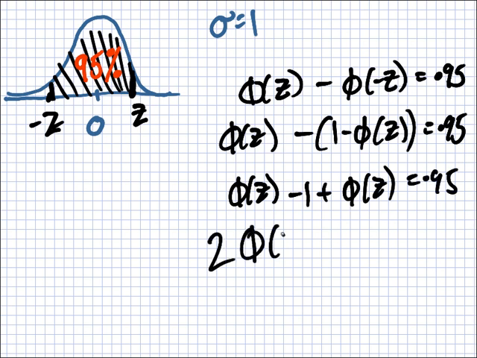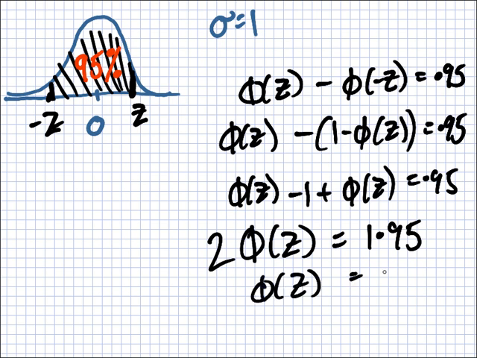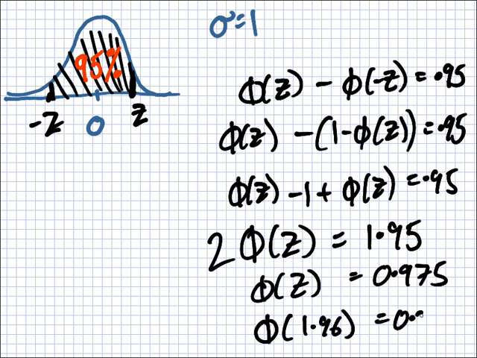That's 2 of these, and bring the 1 to the right equals 1.95. So that's z's value, 0.975. If you look in the table book, you'll discover that the value when z is 1.96 is the one that will give you 0.975. So these two numbers here are plus and minus 1.96.